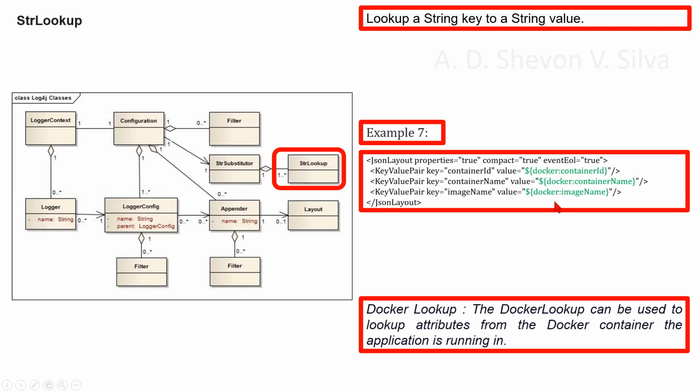The Log4j Docker lookup provides access to the following attributes. Container ID, the full ID assigned to the container. Container name, the name assigned to the container. Image name, the name assigned to the image.